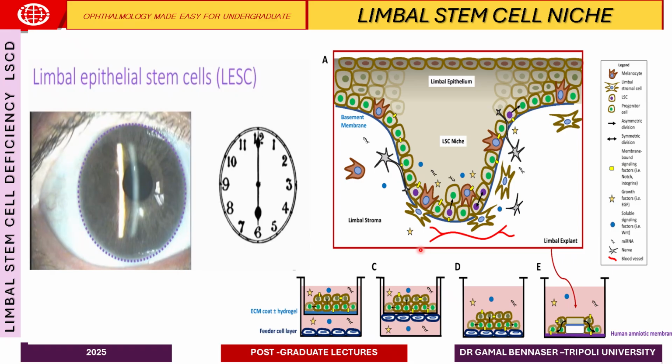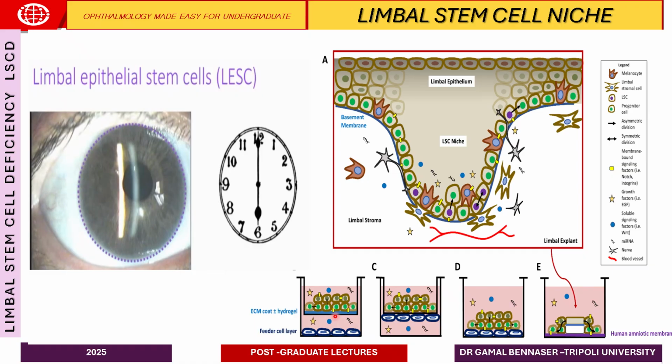Now, this is important for us when we plan for an ex vivo expansion of these cells for any sort of treatment. If we take a biopsy from the limbal stem cell niche and expand it on an amniotic membrane, this will help to maintain the microenvironment of these cells, as well as their proliferation and the production of a basement membrane, and the cells become ready for transplantation to the recipient eye to treat any pre-existing limbal stem cell deficiency.